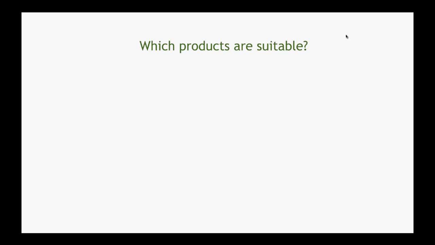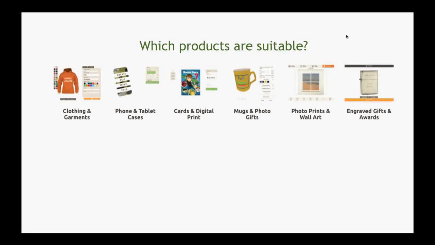So which products are suitable? We have various product types here, which are all listed within our website, but clothing and garments is obviously a good one. There are a lot of phone and technology cases, cards and digital prints. So even for paper print, this is an ideal method to display products and how they will look in front of clients.